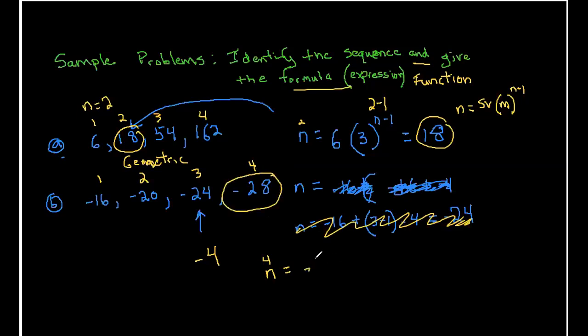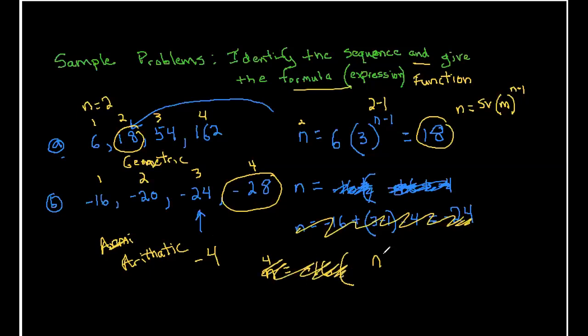Starting value, negative 16, times the multiplier. Oh, I'm sorry, no wonder. That's my mistake. I did do this right because we determined this is an arithmetic sequence. No wonder. This is arithmetic, okay? Arithmetic. Anyway, I can see if I can get my pen to work. There it is. Okay, it's an arithmetic sequence. That's why I had it that way. So n equals, I'm going to cross all this out here, guys.